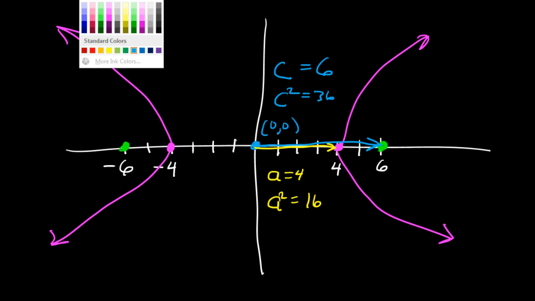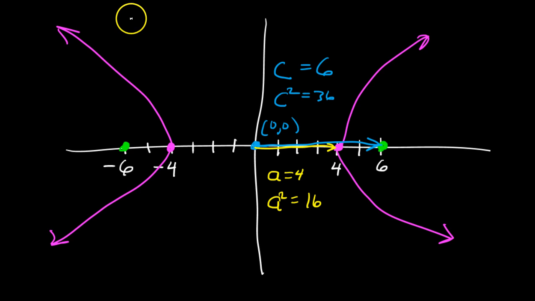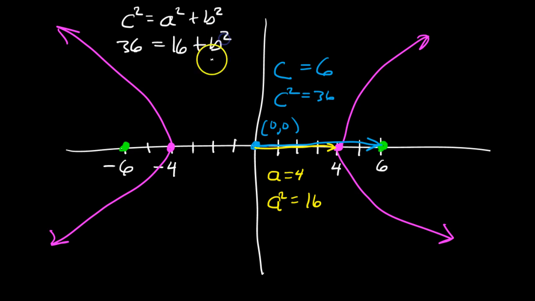Now, let's work out this equation. We know that c squared is equal to a squared plus b squared for hyperbolas. C squared is 36, a squared is 16, plus b squared. So all I have to do is subtract 16 from both sides.